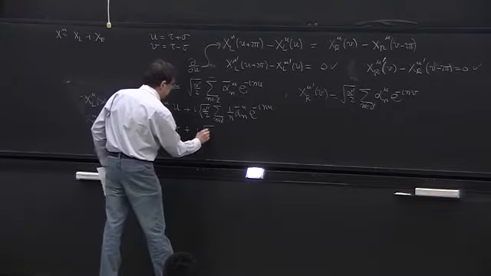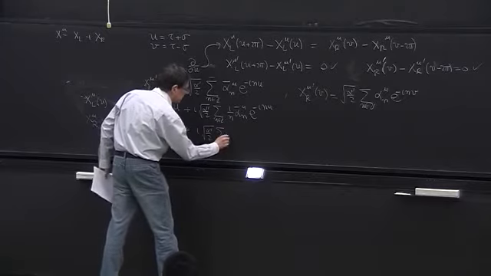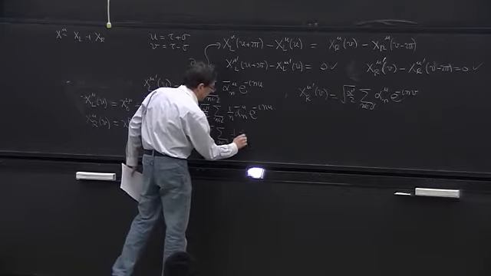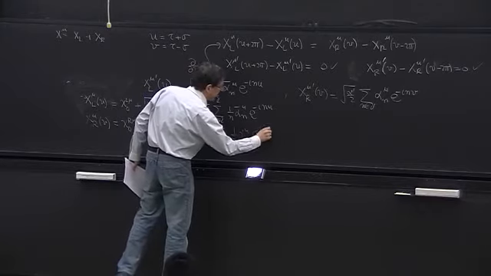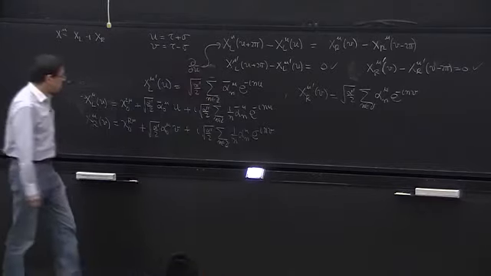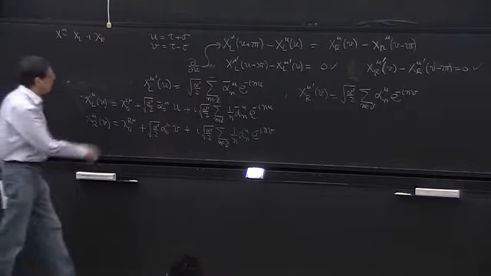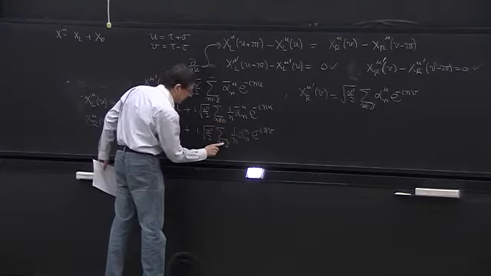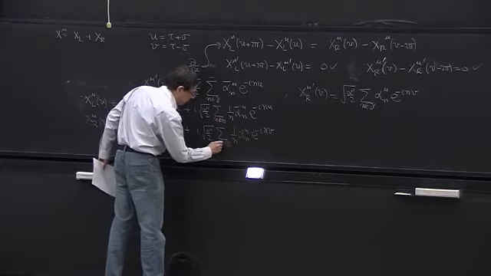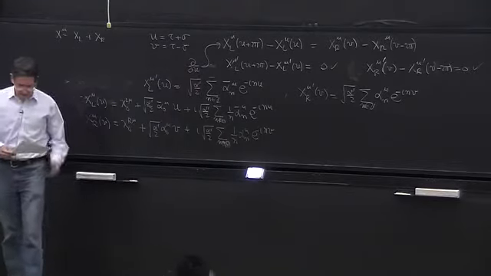I, or square root of alpha prime over 2, sum n belonging to z, 1 over n alpha n mu, e to the minus I n v. Yes? Should the sum be n not equal to 0? Yes, yes, thank you. N different from 0. Apologies, that's exactly right.